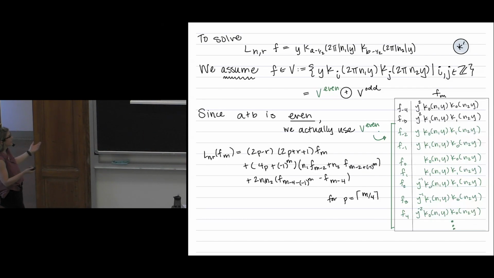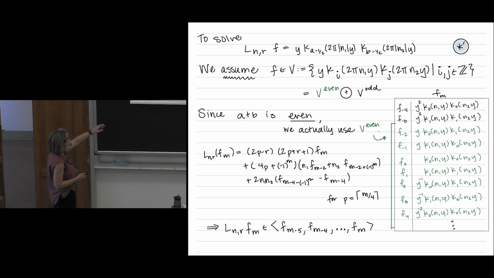Specifically, you can write LNR on this basis as a nice functional on this basis of f_m's. What it does is it takes something in f_m, and that solution space is generated by f_{m-5} through f_m.